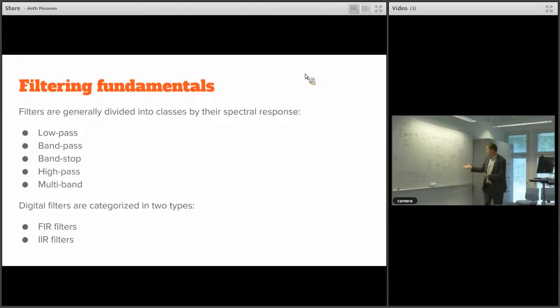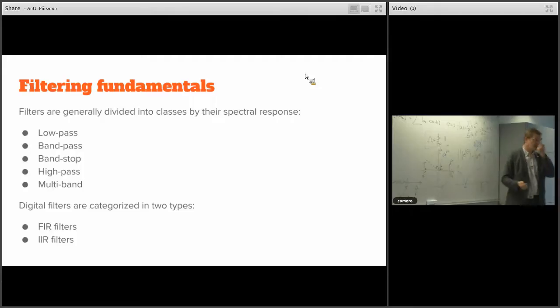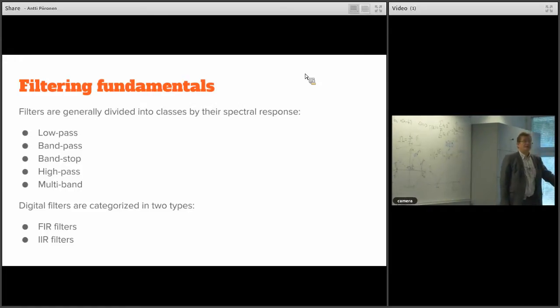So the kind of filter I have here would be band stop, since it actually stops some frequency from passing the system. Then digital filters can be FIR or IIR filters. There are also some categorizations by the phase response, but that comes later.